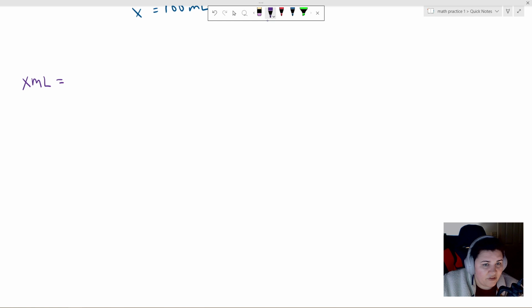Okay. So we have 150 drops per minute, per 1 minute. Then we know we have a drop factor of 20 drops per milliliter. So we want to cross out drops, so the drop is going to have to go on the bottom.